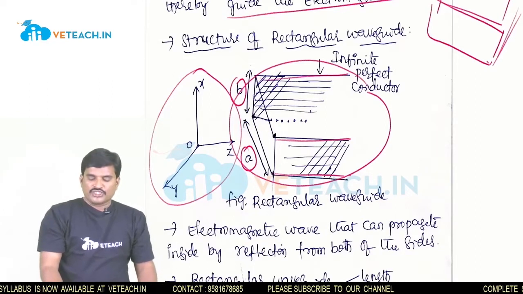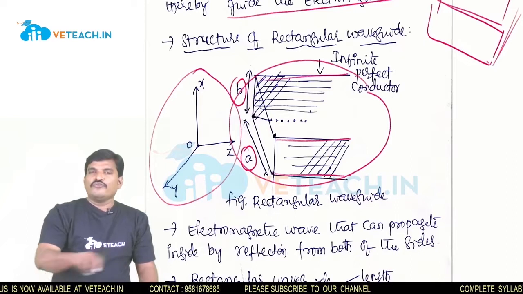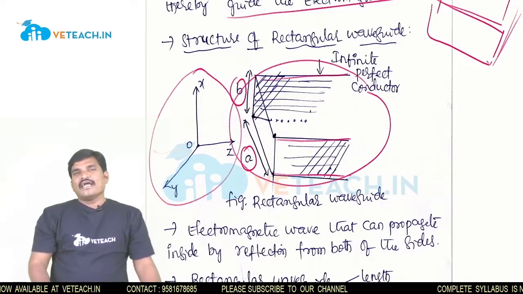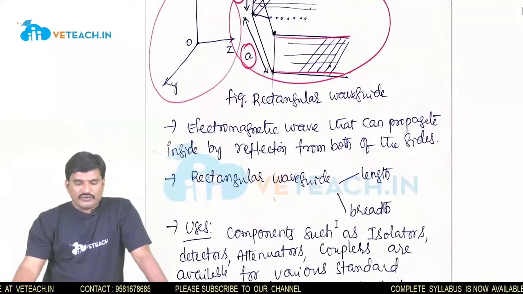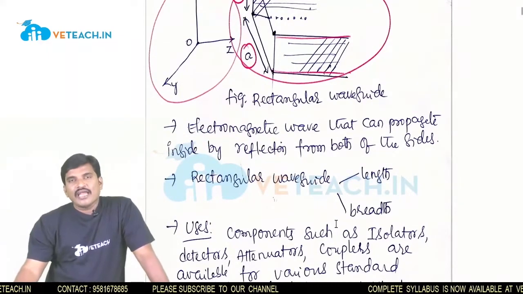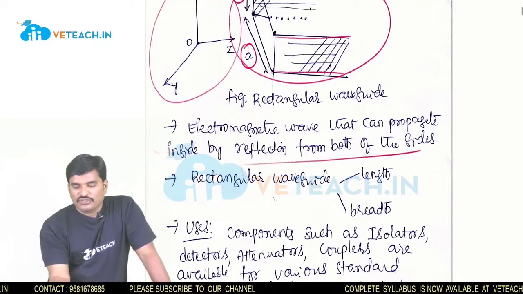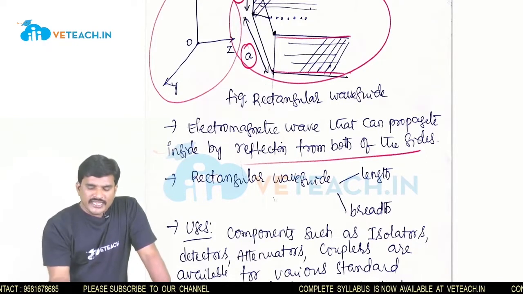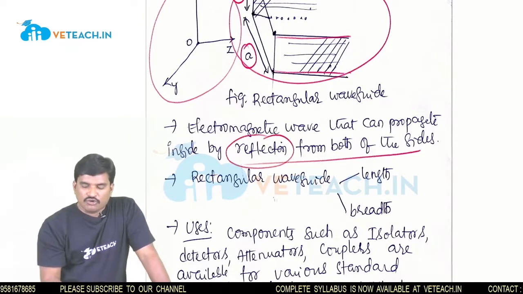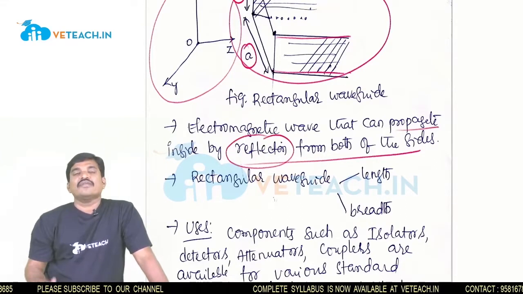In the three-dimensional representation, we can see how the wave propagates inside the waveguide. The electromagnetic wave propagates inside by reflection from both of the sides. There are two sides, 1 and 2. Only if there is reflection from these sides can the electromagnetic wave propagate.